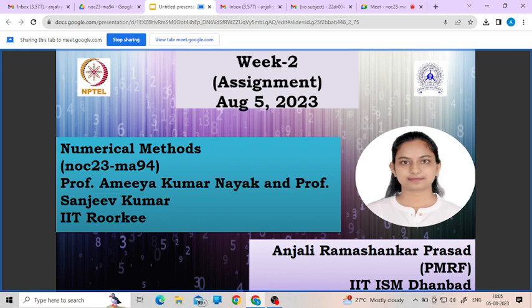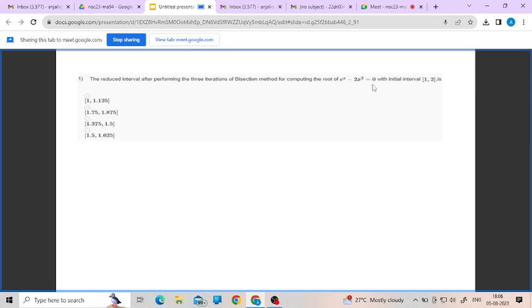First question is, the reduced interval after performing 3 iterations of bisection method for computing the root of e^x minus 2x^2 equals 0 with initial interval 1, 2 is... So you have to use the bisection method and find after 3 iterations what will be the interval in which you will get the root.